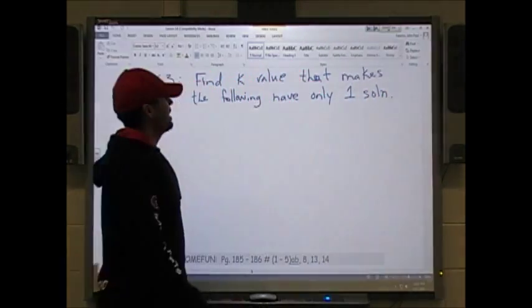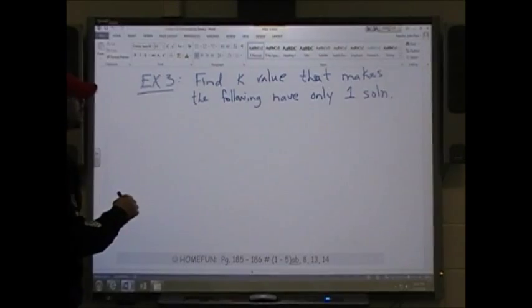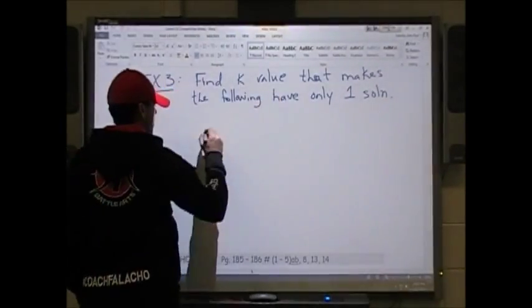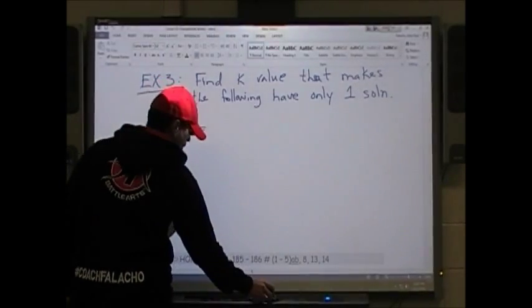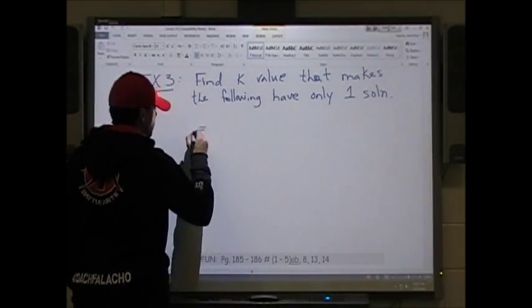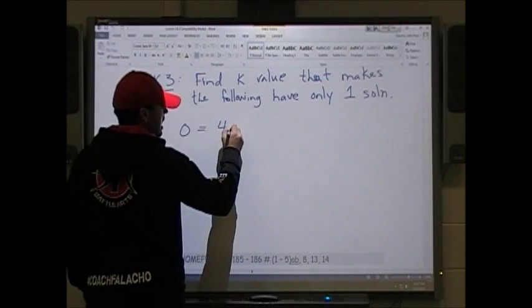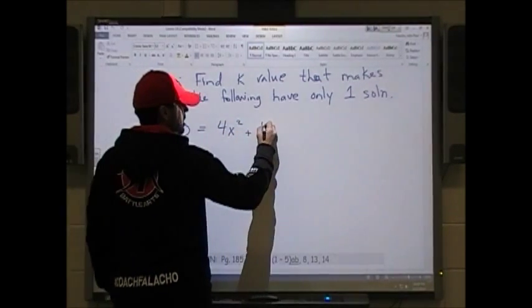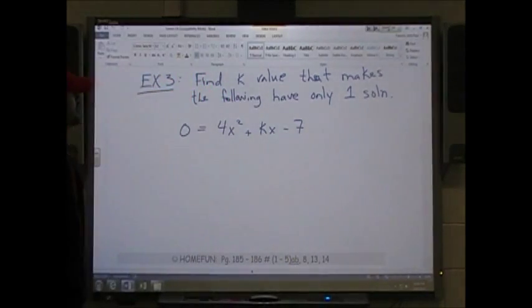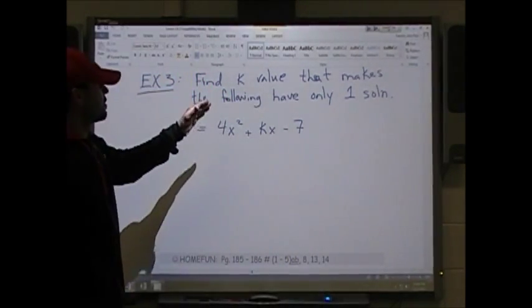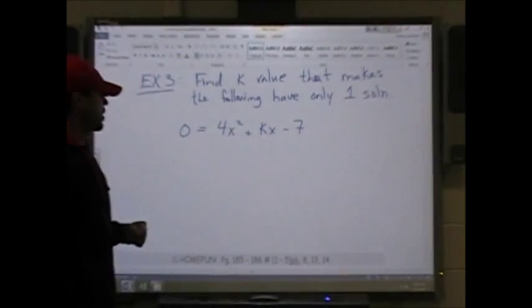Okay? And the equation may look like this: 0 equals 4x squared plus kx minus 7. So it says find the k value that makes the following only have one solution.